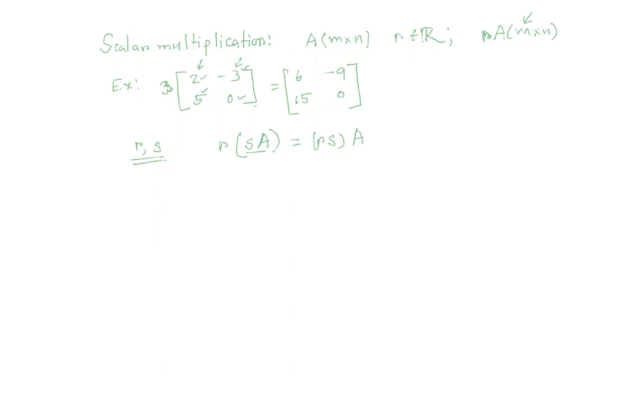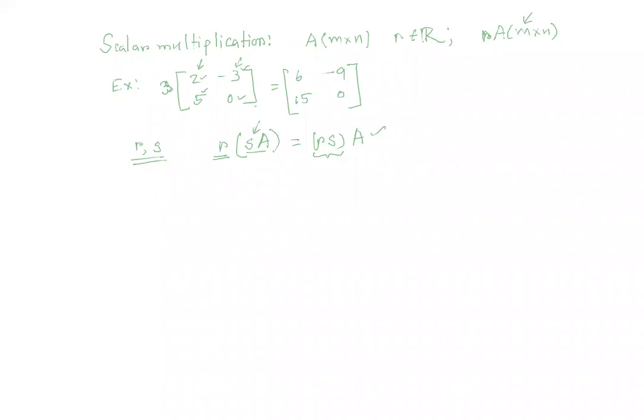First you multiply the matrix by S and then you take the result and multiply it by R. It's the same as multiplying the numbers themselves first and then multiplying the matrix by the resultant number.